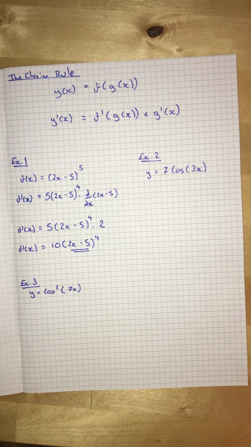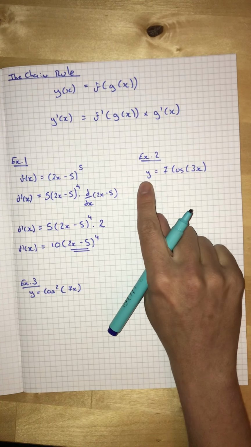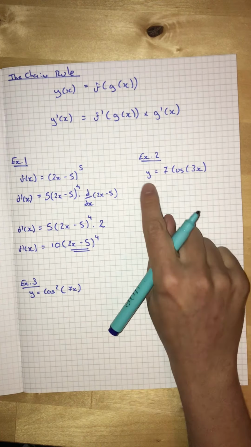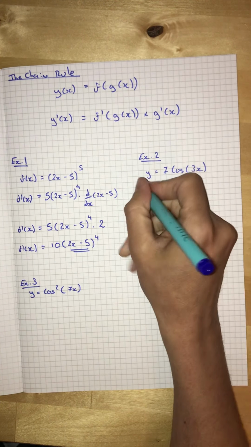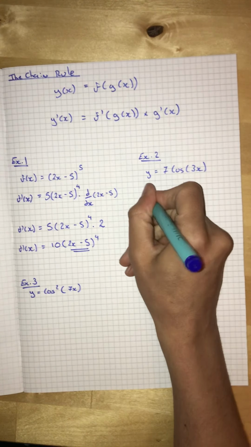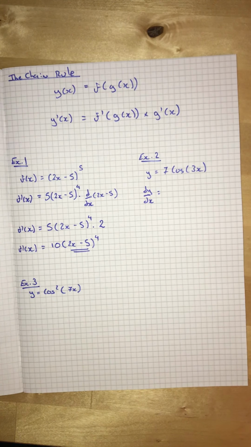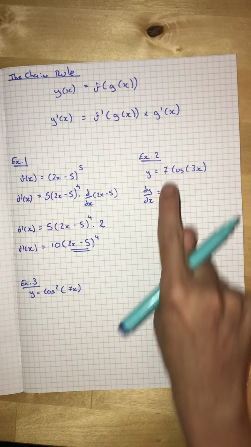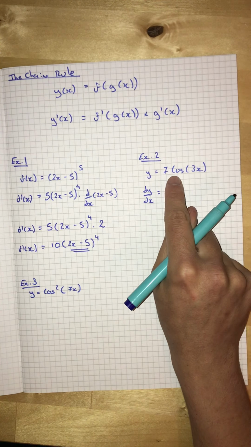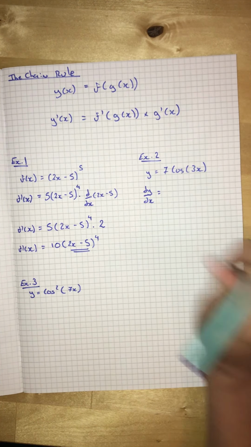Okay, so we'll do another one. I'm going to differentiate this equation, except instead of f of x it is y, so then we need to write dy by dx. So if I differentiate the outside function, if you differentiate cos, you're going to get negative sine.